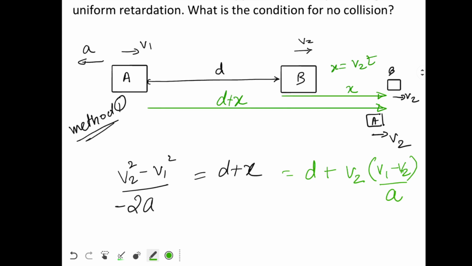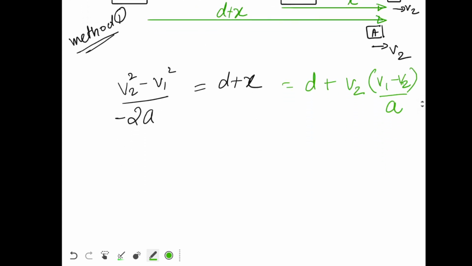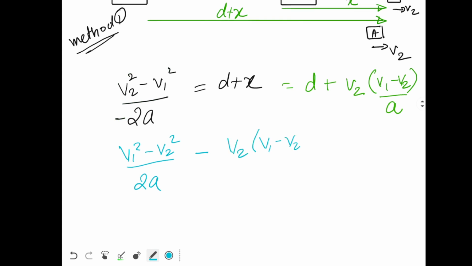Okay, so now we just need to rearrange this equation. On the left, if I take the minus sign in the numerator, I get v1 square minus v2 square by 2a minus v2 into v1 minus v2 by a. In fact, this should be less than or equal to d plus x. Why less than or equal to d plus x?